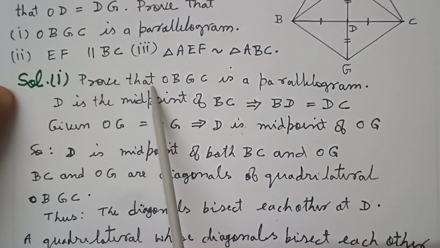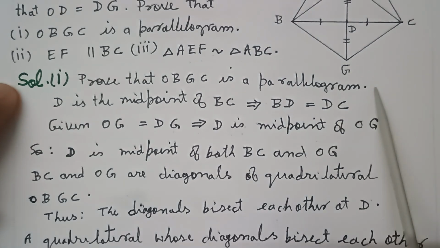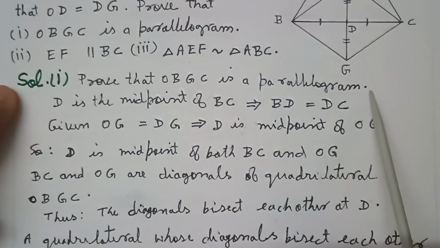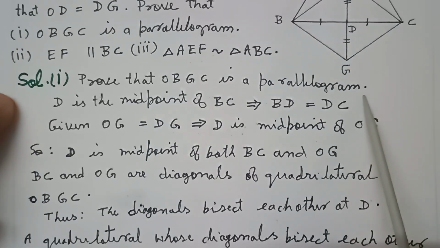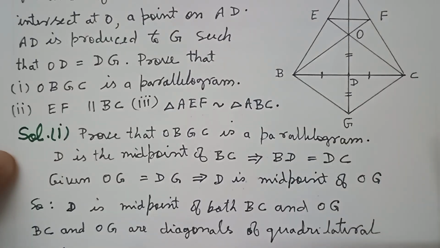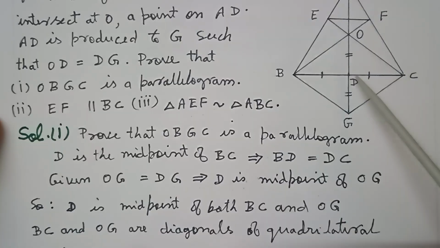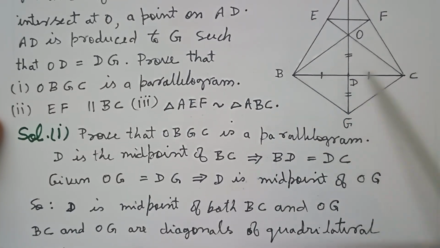First part, prove that OBGC is a parallelogram. To prove a parallelogram, we will use the property that the diagonals bisect each other. So you see in the figure, OD is equal to DG, it is given, and D is the midpoint of BC.